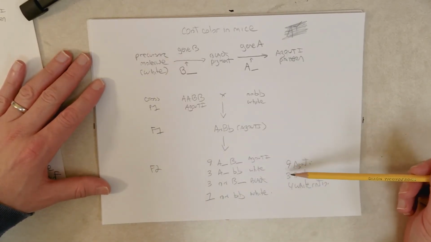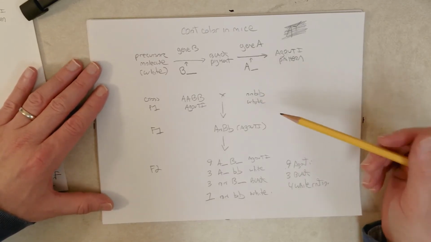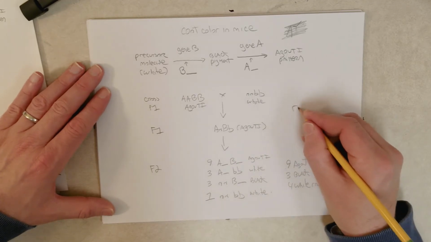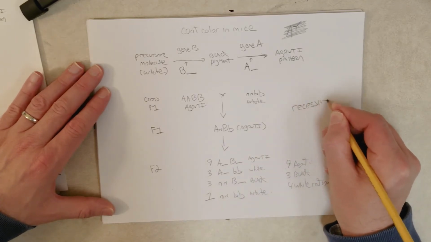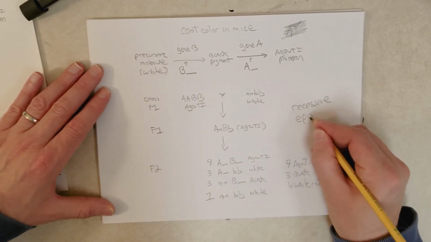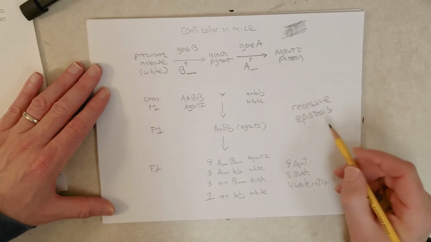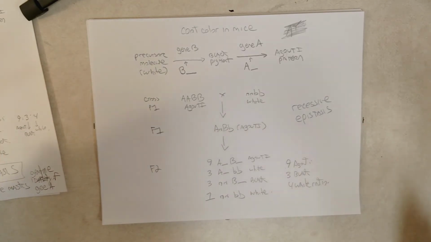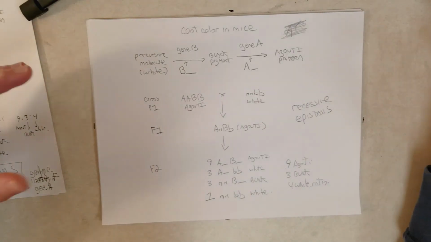It's kind of strange. And we go over this example because it is our example of recessive epistasis. Now, in a broad sense, epistasis refers to some sort of gene interaction or interacting genes.